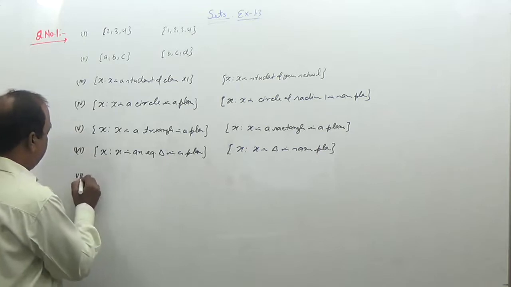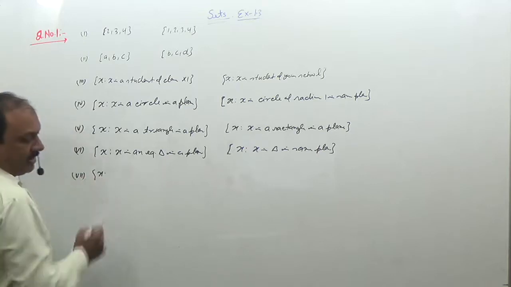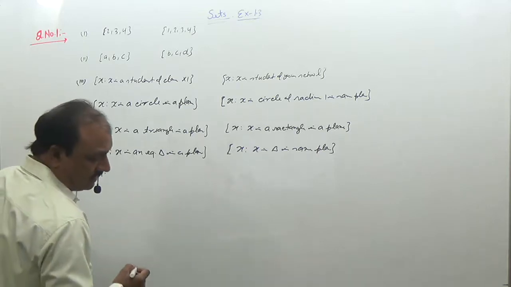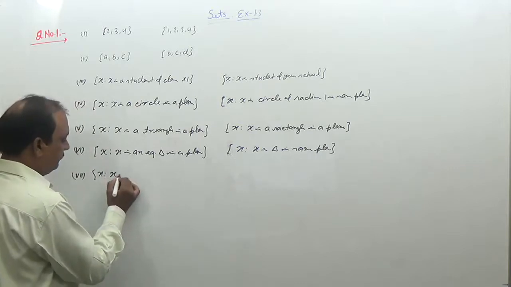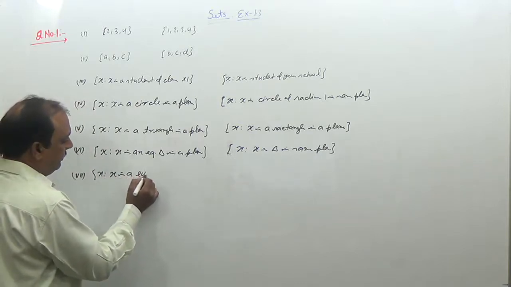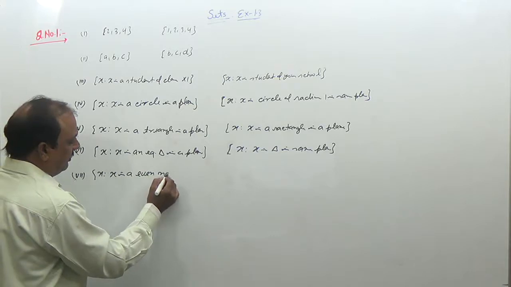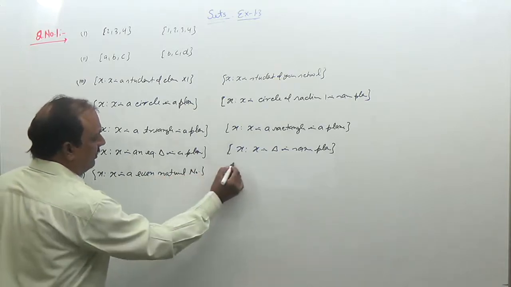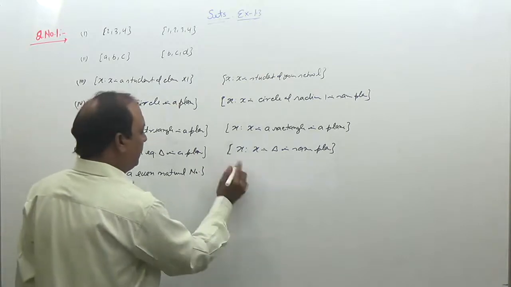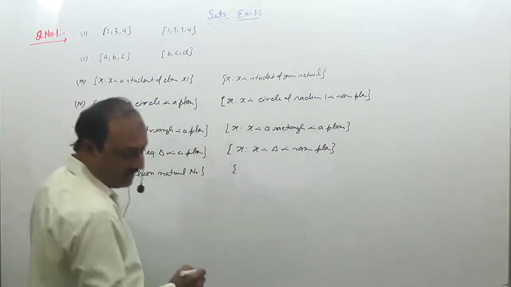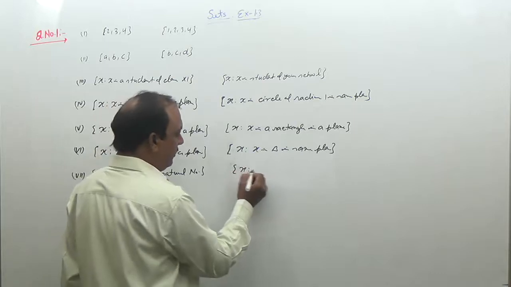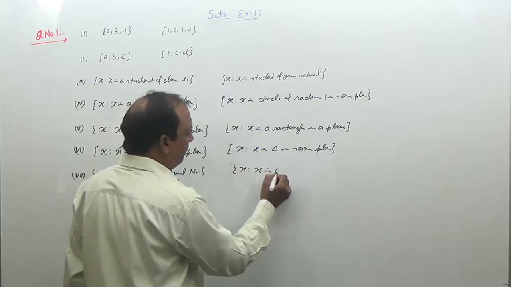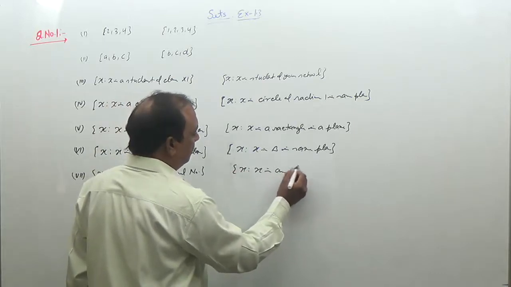And the seventh part is: X is an even natural number, and the second set is the set of elements X such that X is an integer.